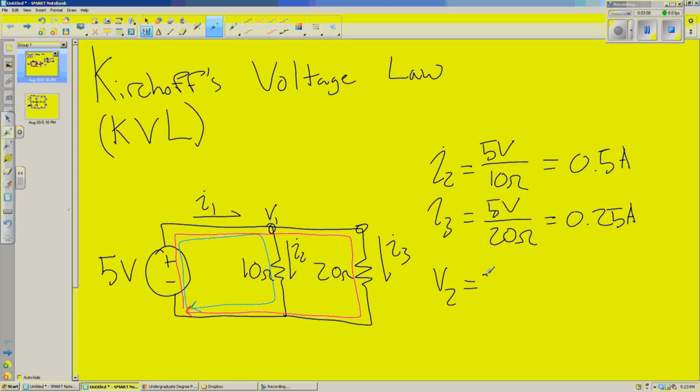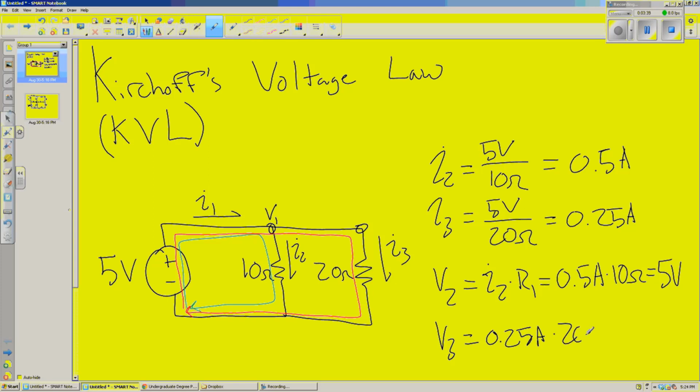We have another application of Ohm's law: I2 times R1 is just going to be 0.5 amps times 10 ohms, and what do we get? Voila, 5 volts. V3 will be 0.25 amps times 20 ohms, and again 5 volts.